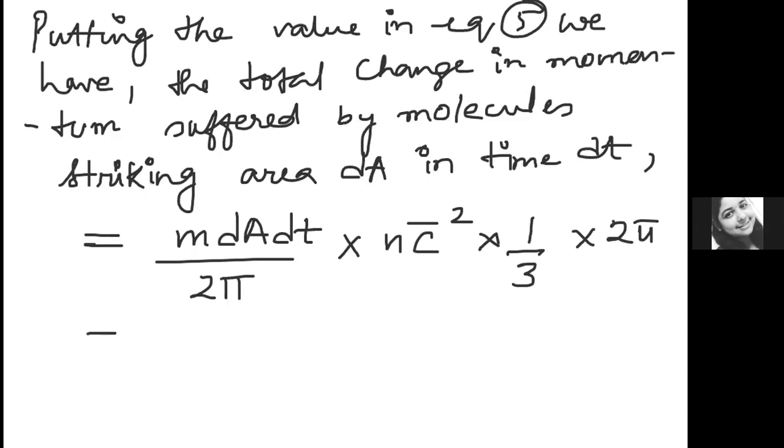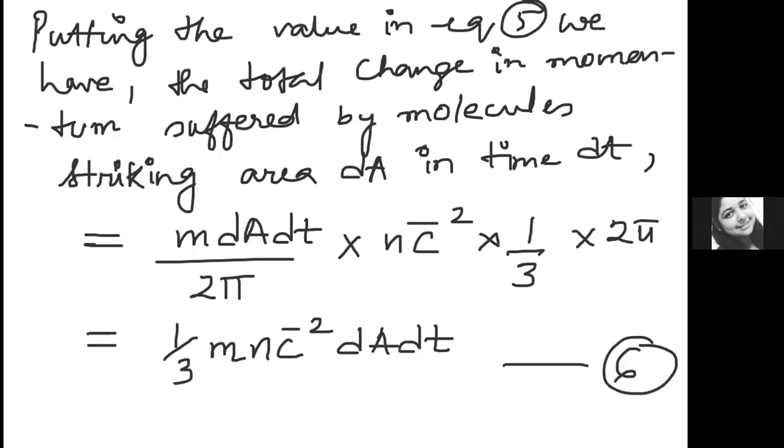So we get 1/3 m n c bar square dA dt. Make this equation number 6.